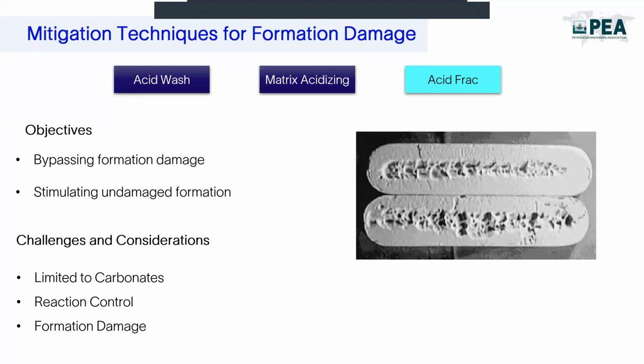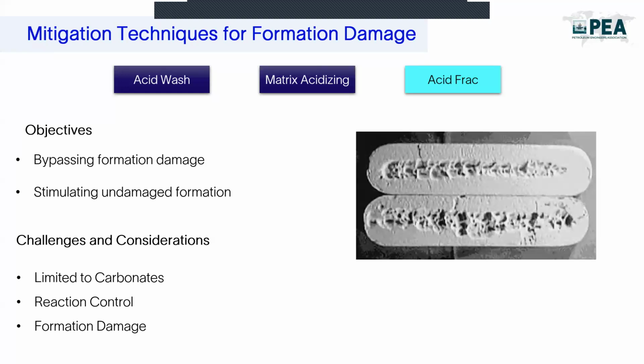So the objectives of fracturing applications are more or less the same: creating long, open, conductive channels into the reservoir, so extending deeper into the formation. This cannot be achieved through matrix stimulation.